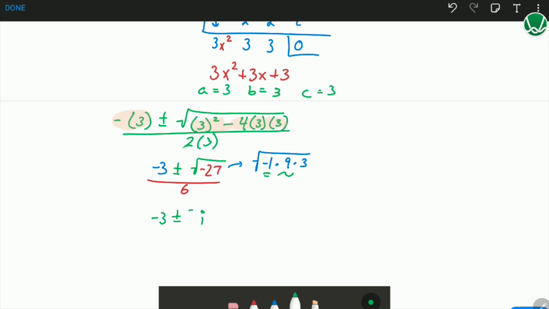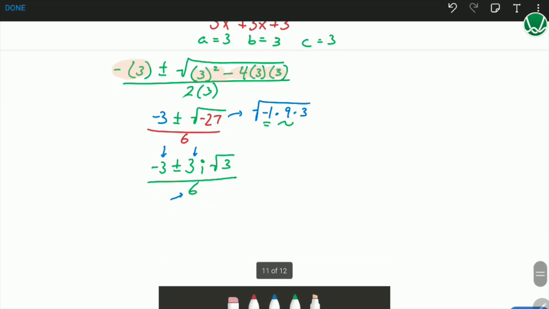Square root of 9 is 3. And we can't square root the remaining 3. And we see that 3 can go into all three of these numbers, so we'll reduce this fraction, giving us negative 1 plus minus i radical 3, all over 2.